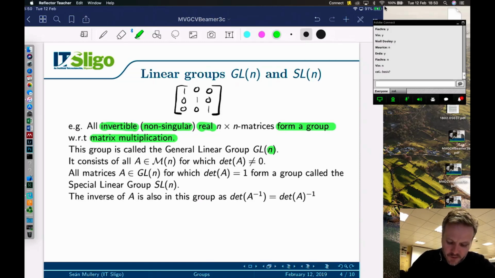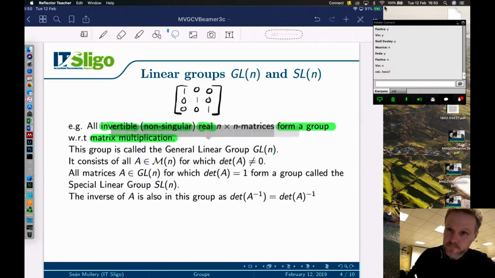So it consists of all A in Mn, which have a determinant not equal to 0. Why would having a determinant equal to 0 be a problem? Why do you think that would be a problem? Having a square matrix with a determinant equal to 0.